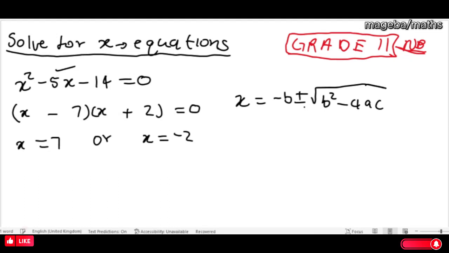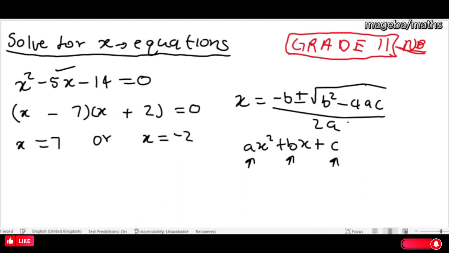Remember the standard equation, it's ax squared plus bx plus c. This is my a, this is my b, and this is my c. So we substitute them in this formula, and then we get our two x values. First you use a positive, then you use a negative, and you get your two x's. Just go and apply it and see if it gives you exactly the same answer.